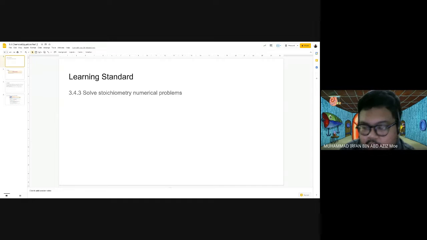Okay, for today you are going to learn about sambungan chemical equation part 1. Before this, you learn how to balance the chemical equation, how to write the chemical equation. Untuk hari ni you are going to learn about how to solve stoichiometric numerical problems ni. Macam mana from that chemical equations, you can find dia punya mass, sama ada mass of the product ataupun reactants.